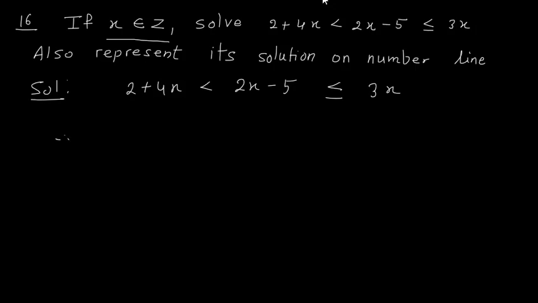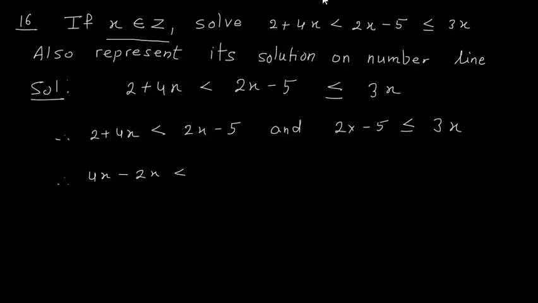I will say that therefore 2 plus 4x is less than 2x minus 5, and 2x minus 5 is less than or equal to 3x. Okay, now I will move this 2x to the left side, so therefore I will say 4x minus 2x is less than minus 5 minus 2, and 2x minus 3x is less than or equal to plus 5.